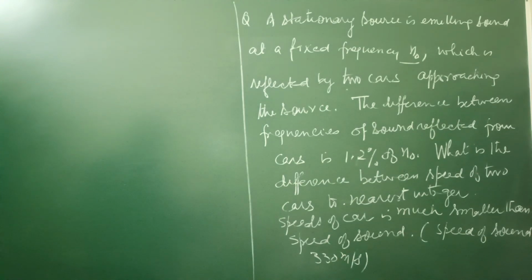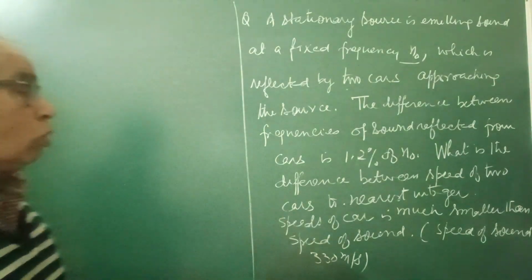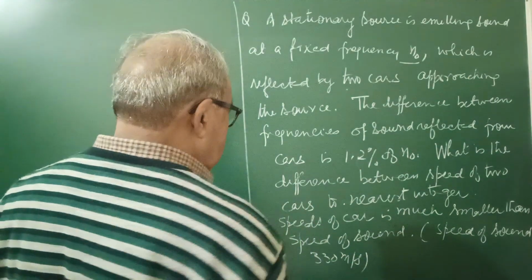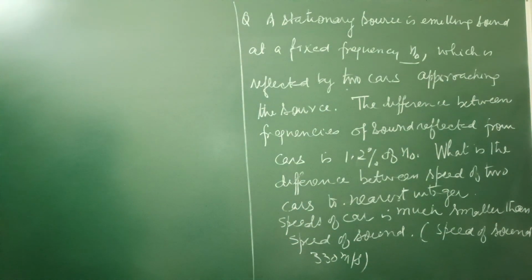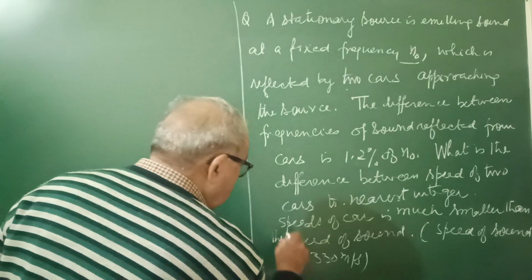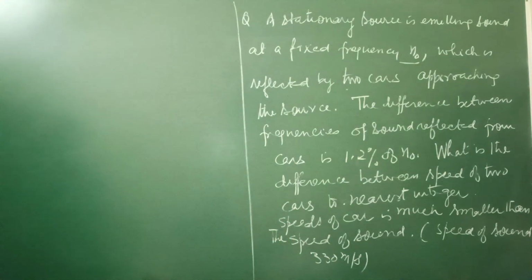The difference between the frequencies of sound reflected from the cars is 1.2% of n0. What is the difference between the speeds of the two cars, to the nearest integer? The speed of the cars is much smaller than the speed of sound. Speed of sound is 330. The solution is very simple, the same as the previous question.